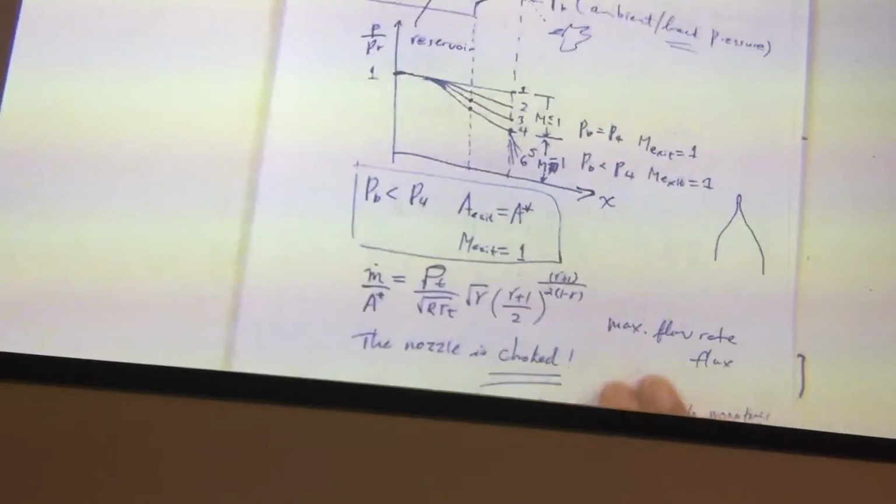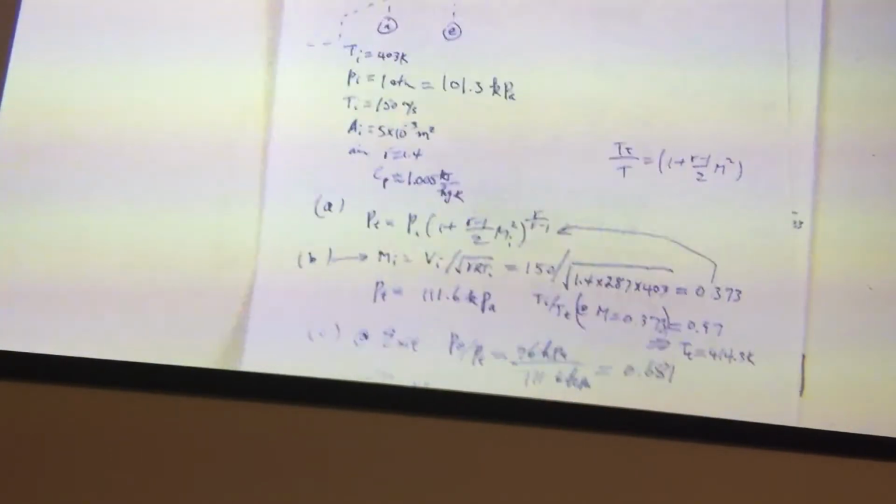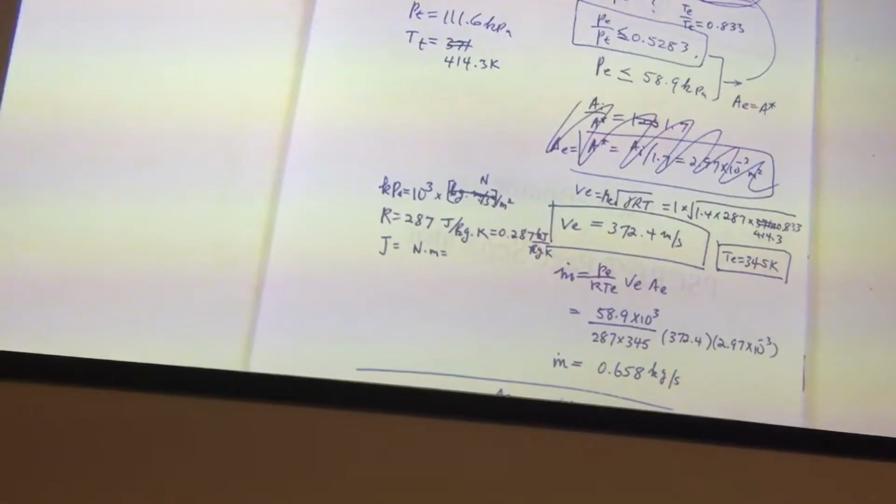Okay? Now, questions for me. Anything that is not clear to you, you can ask. Okay, so what you're saying is that there is really no efficiency or performance to be gained after the nozzle is choked, right?